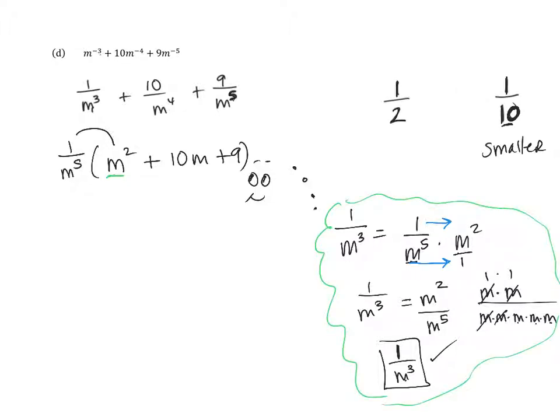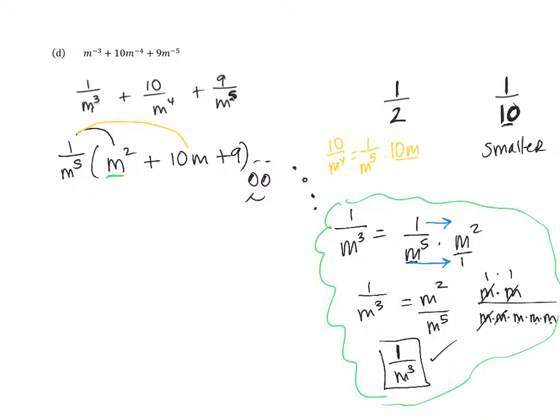Notice that if I started with 3 and I'm factoring out 5, the difference there is 2. And then if I was going to check here, why is it 10 over m to the 4th? Is 10 over m to the 4th really the same as 1 over m to the 5th times 10m?